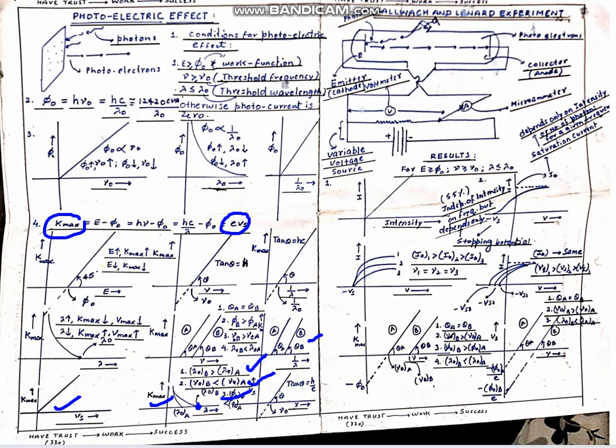So next we have the experimental demonstration of photoelectric effect. It was done by Hallwachs and Lenard. So this is the vacuum tube, this is the cathode or emitter, this is the collector.